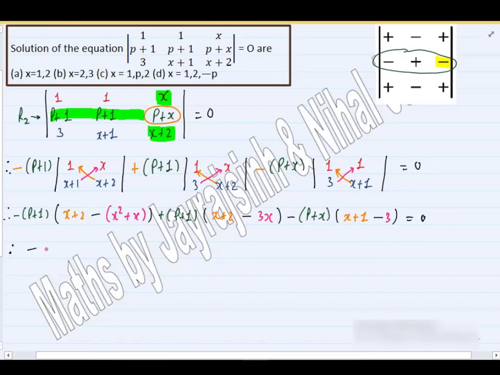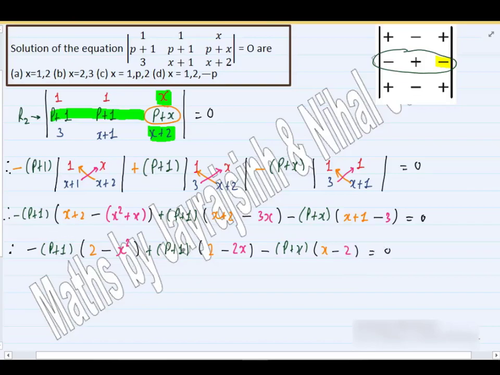Therefore here our p plus 1 is still as it is, and here x will cancel out and we are going to get 2 minus x square, then plus p plus 1 again as it is, and in the bracket we will get 2 minus 2x, and still minus p plus x as it is, and the last bracket will be x plus 1 minus 3, which gives us minus 2, is equal to 0, right?